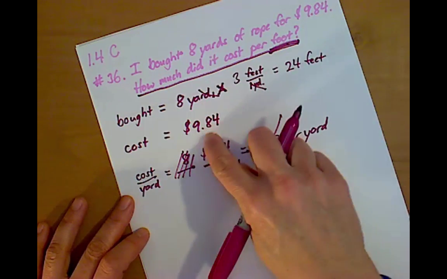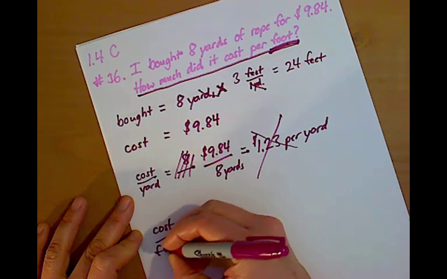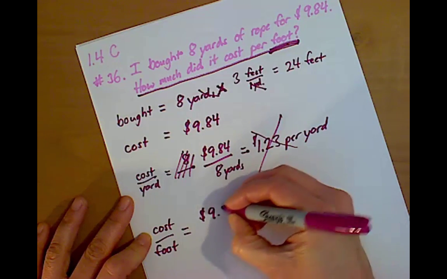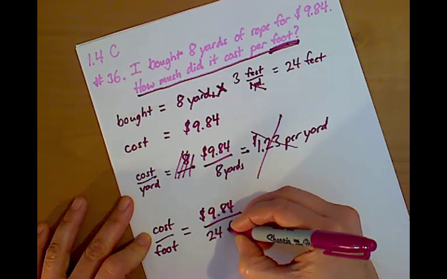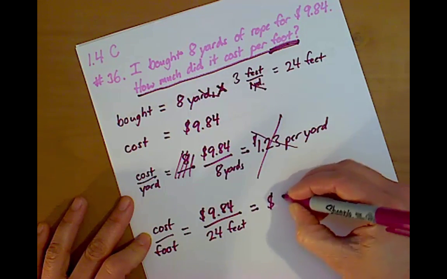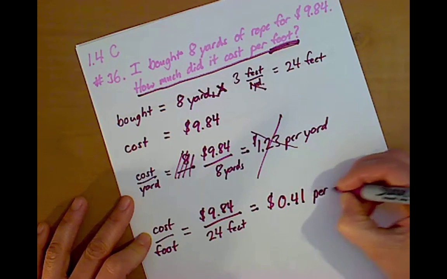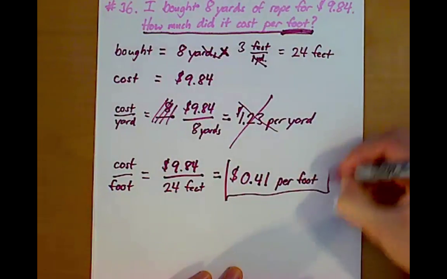So there's 24 feet and this is how much we spent. So the cost per foot is equal to, here's the cost on top, $9.84 divided by 24 feet. And that gives us 41 cents per foot. All right, and that's your answer.